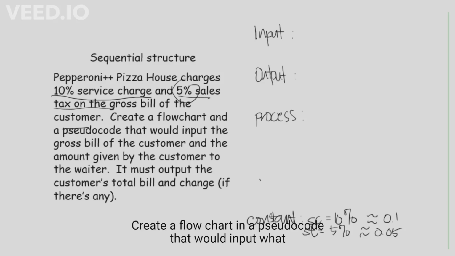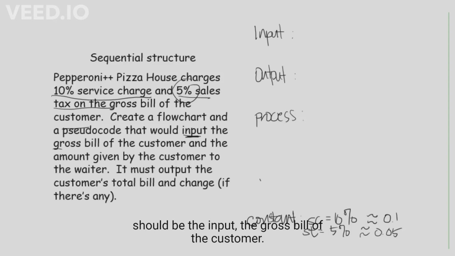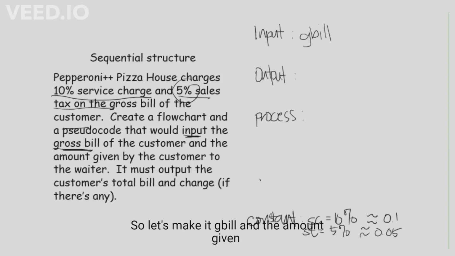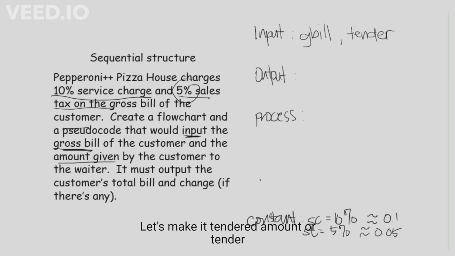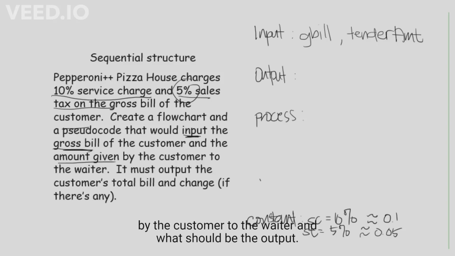Create a flowchart and a pseudocode that would input. What should be the input? The gross bill of the customer. So let's make it G bill. And the amount given by the customer. Let's make it tendered amount, by the customer to the waiter.